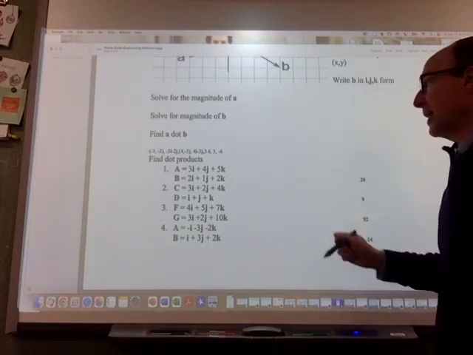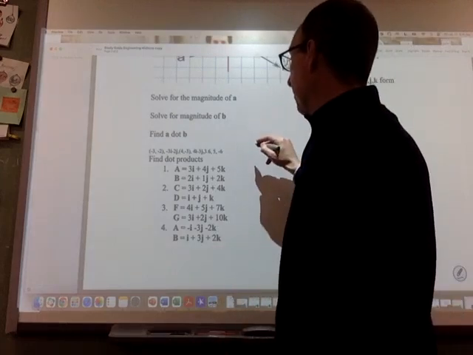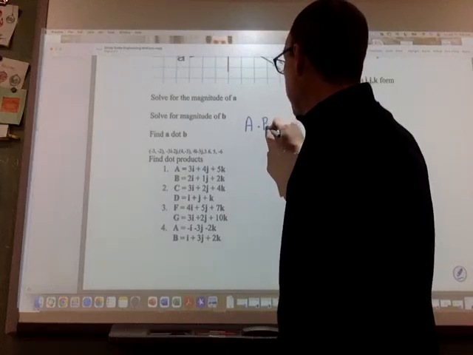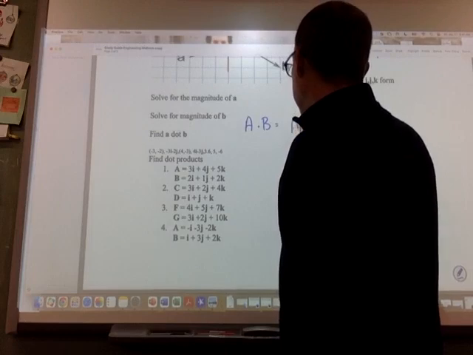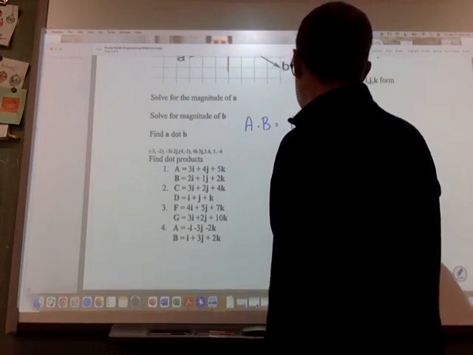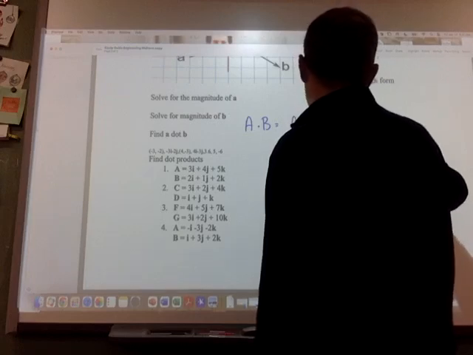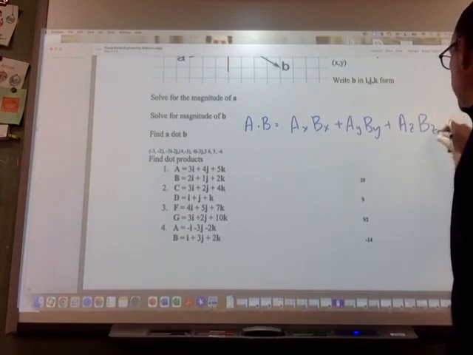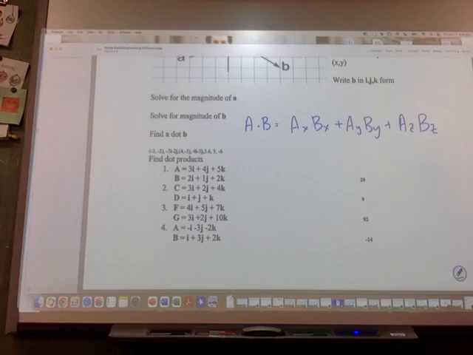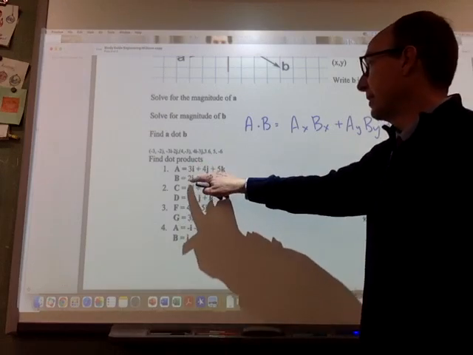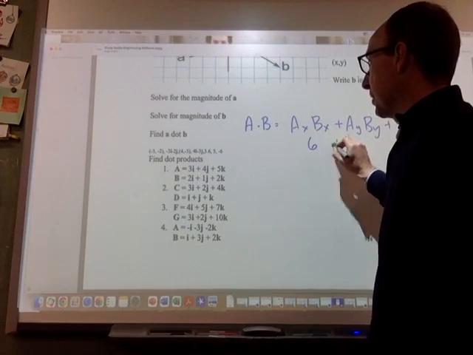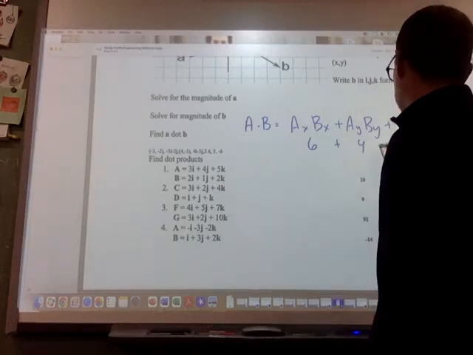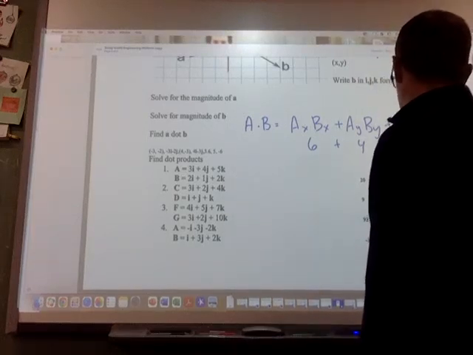And so for these, since I have a z term, if we do the first example, A dot B, this is going to be AX BX plus AY BY plus AZ BZ. So for this one, it would be 3 times 2, which is 6, plus 4 times 1, which is 4, plus 5 times 2, which is 10, which is 20.